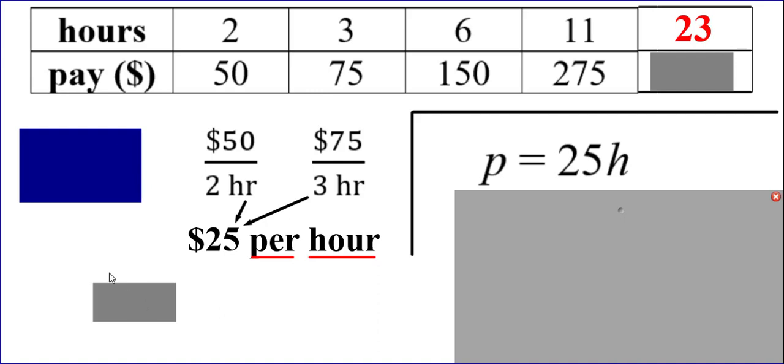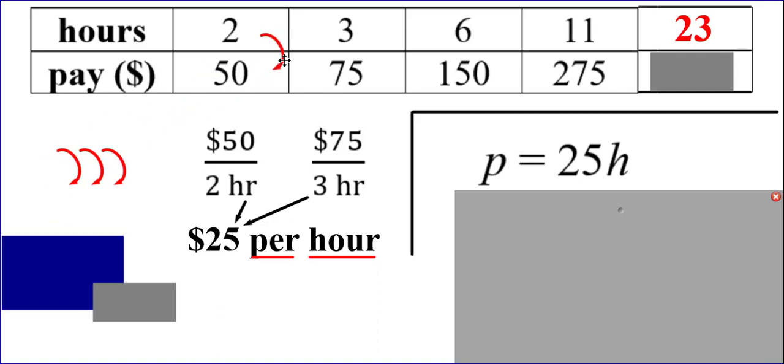Now, if I'm going too fast for you, let me go back. Per hour means times the hours. You could actually take the 2 hours times 25. That would give you the $50. You could take 3 times 25, it would give you 75. You could take 6 times 25, that would give you 150. And yes, you could continue doing this for every single part of the table.